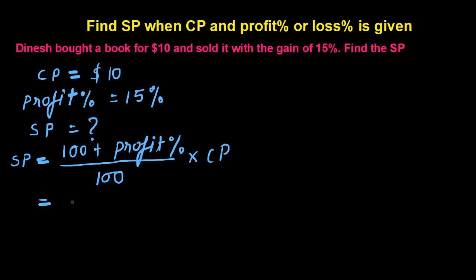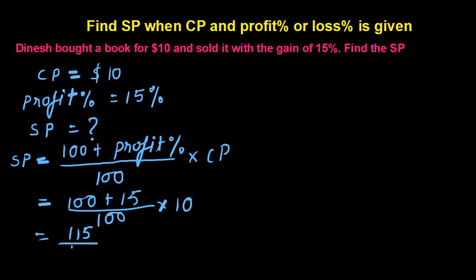Let's place the values. 100 plus the profit percentage, 15, over 100, times CP, which is $10 here. So it becomes 100 plus 15 is 115 upon 100 times 10. Cross out the zeros. We have learnt in the decimal chapters that if the denominator is 10, then the number needs only one decimal place, because 10 has only one zero.